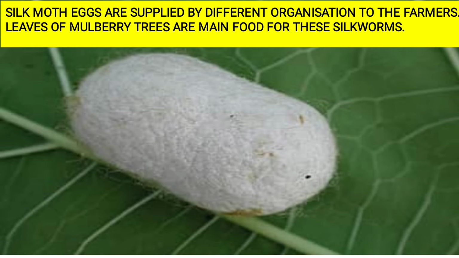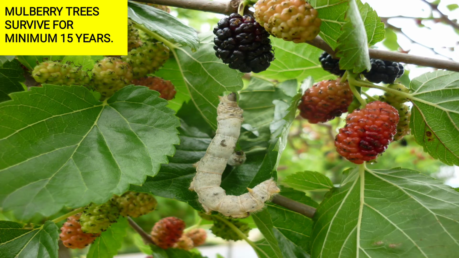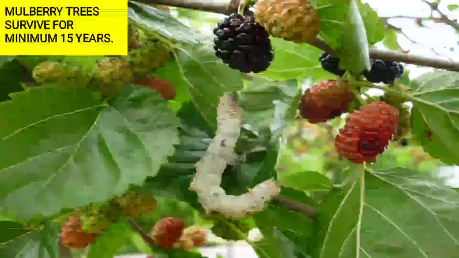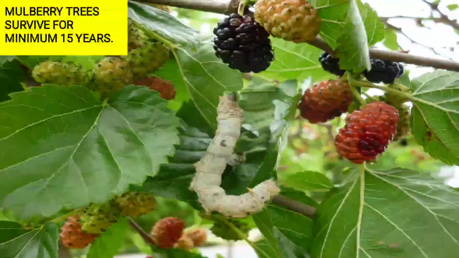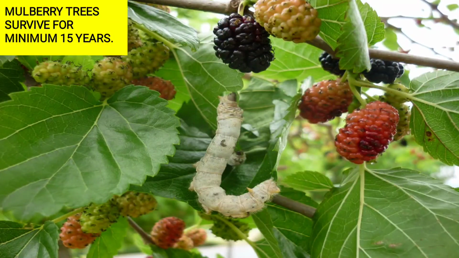Silk moth eggs, these eggs are supplied by different organizations to the farmers. Leaves of mulberry trees are the main food of these silkworms. So you can see here the mulberry trees, they survive for minimum 15 years. These mulberry fruits we all can eat, and the leaves are eaten by the silkworm.